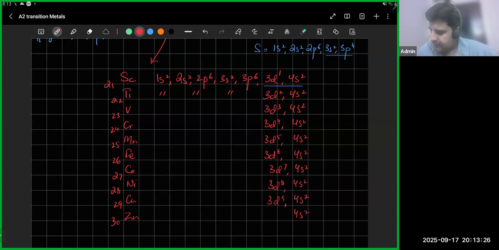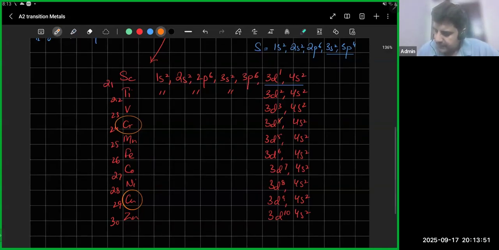So you're crossing the row and the D subshell is getting filled up. And then it's 3d10 finally. There are two exceptions, and the two exceptions are that chromium and copper have a slightly different electronic configuration.